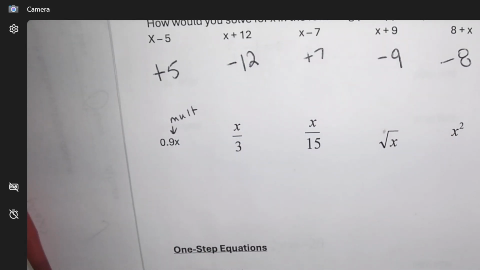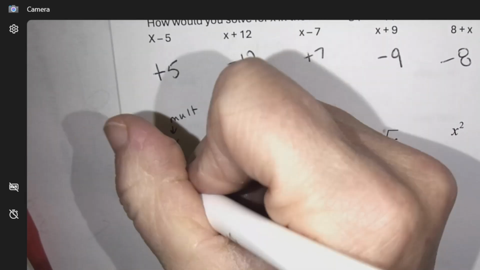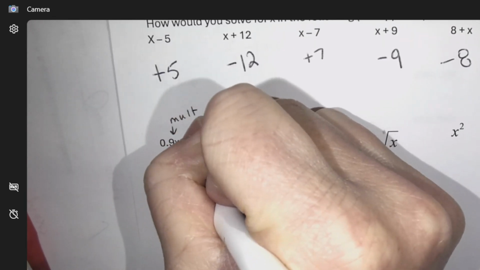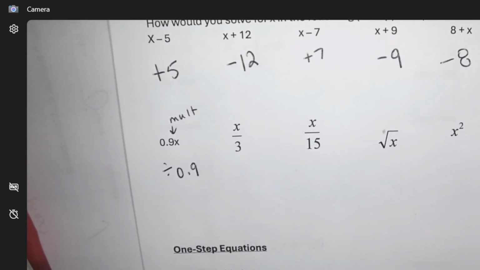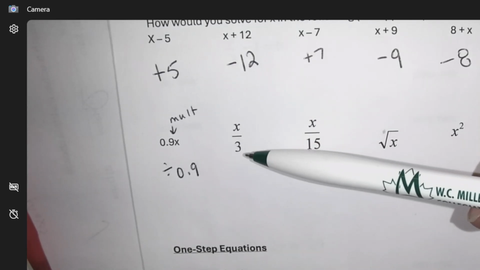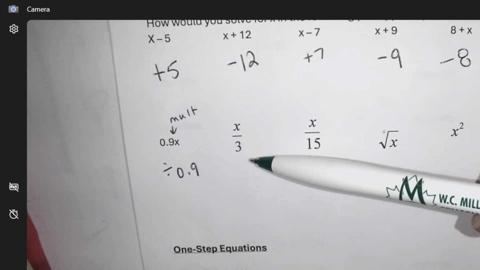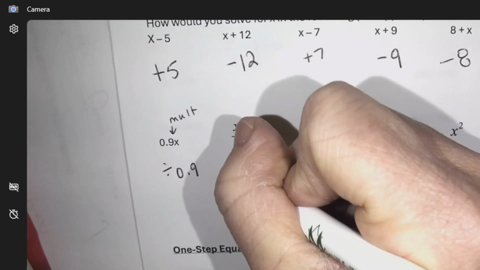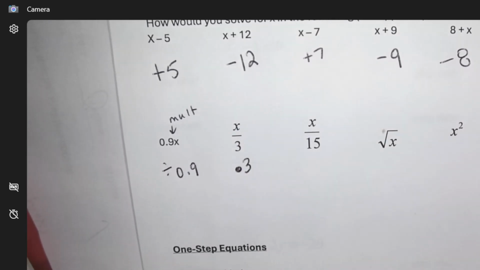It doesn't have a symbol or anything if they're together like that, so I'm going to divide. X is being divided by 3, so I will times by 3. If you guys are okay, a lot of the times I might use a dot for timesing, just because if you have an X and then a times symbol, that might be confusing.